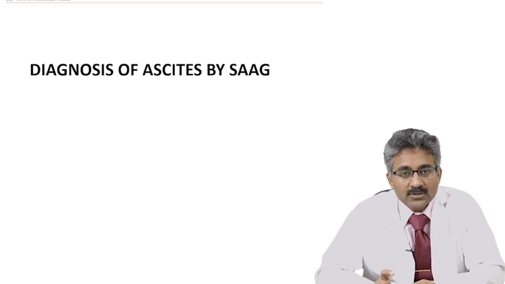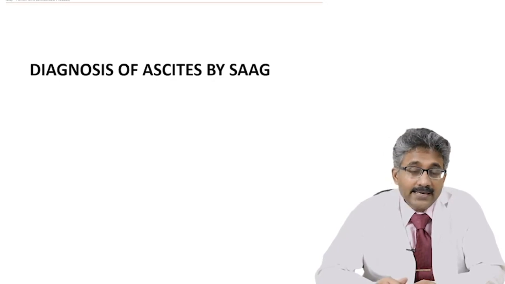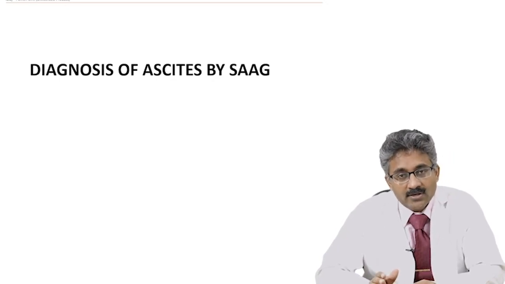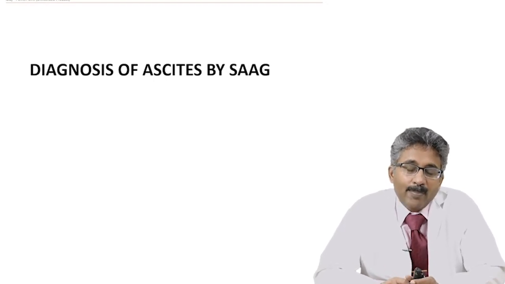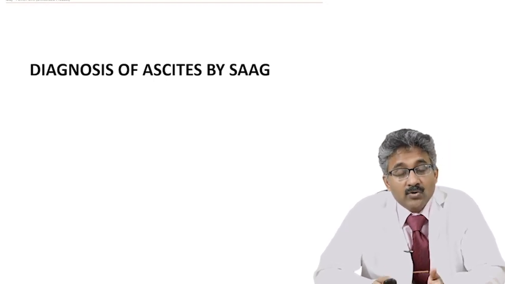Today we will discuss ascites. Ascites could be due to cirrhosis or non-cirrhotic causes. First we will discuss the pathophysiology of ascites due to cirrhotic causes. Next we will discuss the pathophysiology of ascites in non-cirrhotic causes.